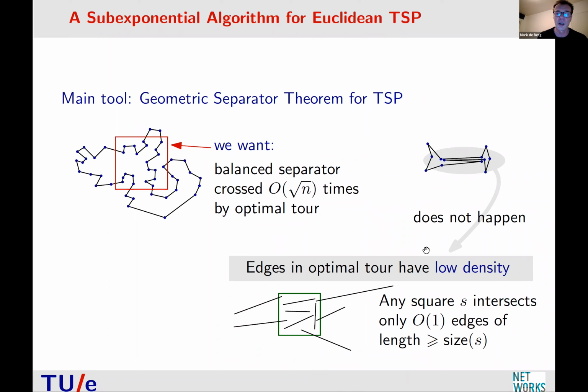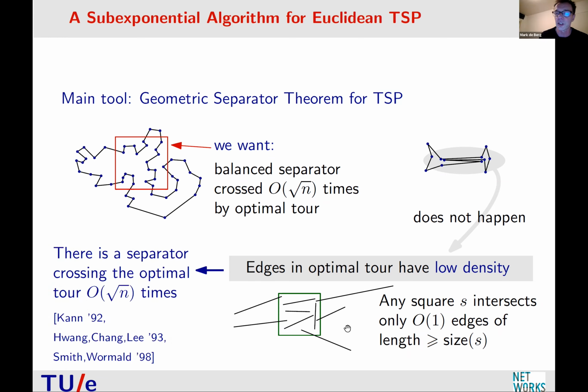The property of the edges in an optimal tour is that if I take any square and look at all the edges of the tour that intersect the square and that are larger than the square, then the number of such edges is a constant. I cannot have many long edges intersecting this square, because then I can shortcut. You have to prove this, but intuitively it's believable that this is true.